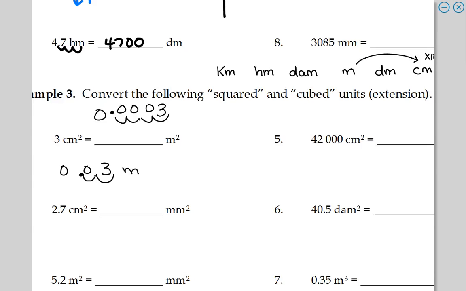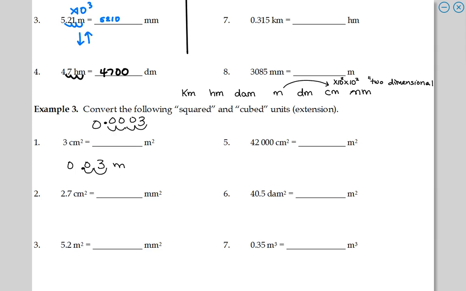So like this next one, centimeter square to millimeter square. If it was just regular length, I would have 1 jump, and 1 jump would be 1 factor of 10. But because it's a squared unit, that 1 jump has to be done twice. So it's actually 270.